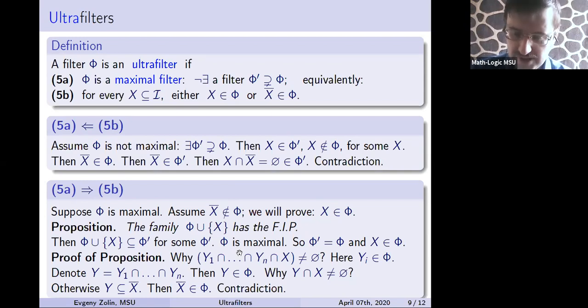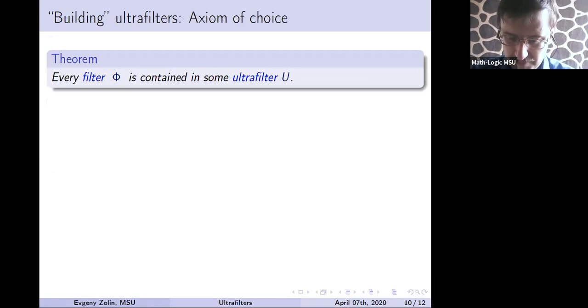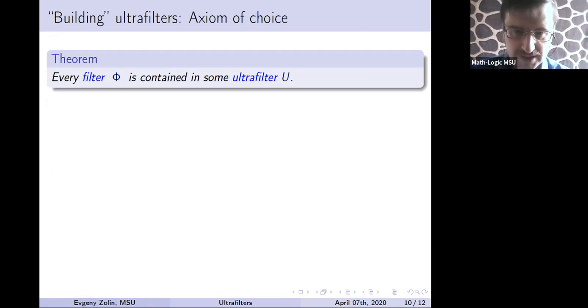Okay, so this is almost the only technical proof in today's lecture. The main theorem in this topic is that every filter is contained in some ultrafilter. So we now have the method of building ultrafilters.